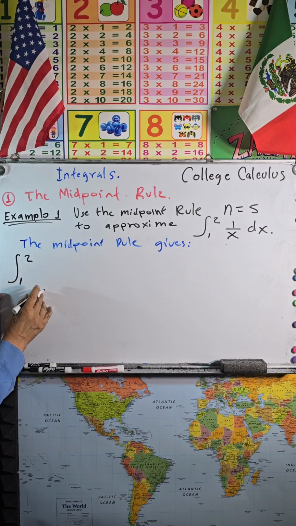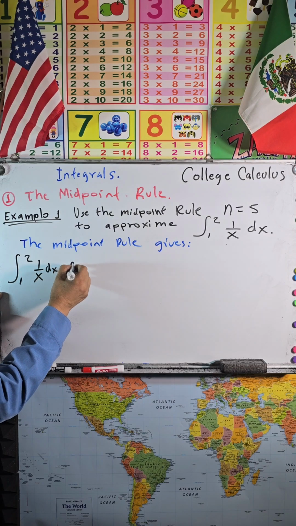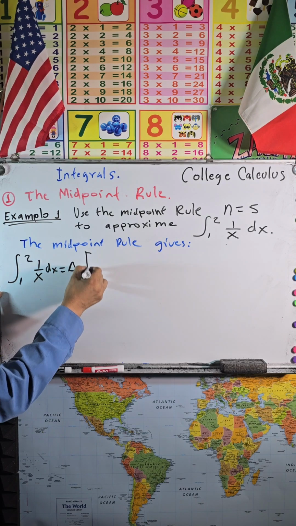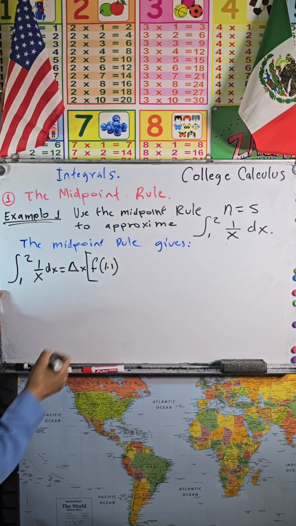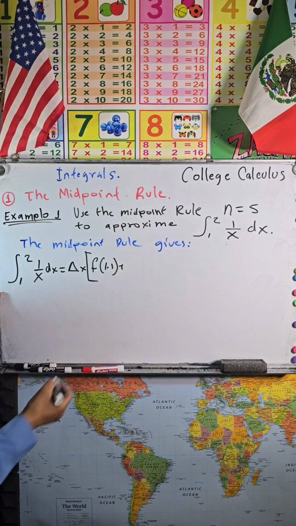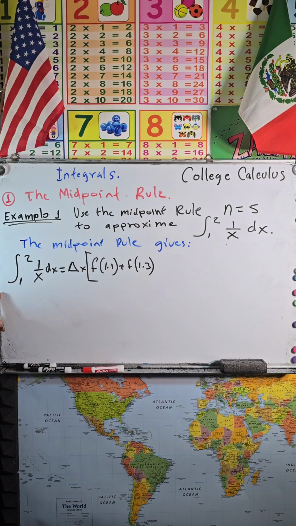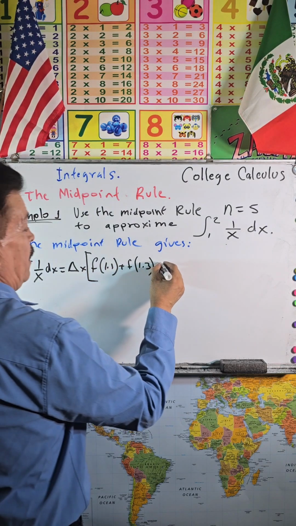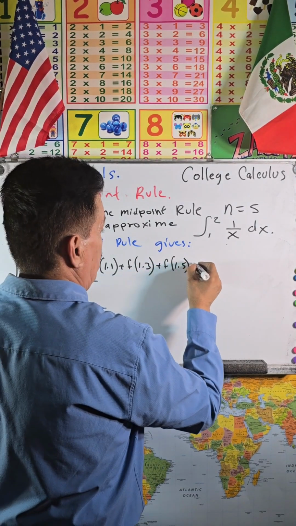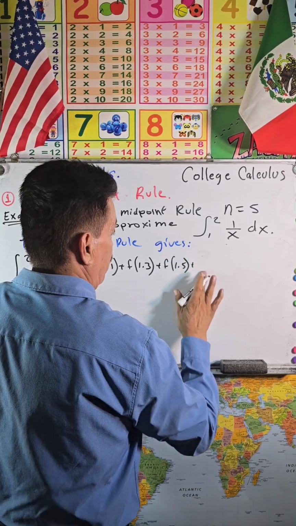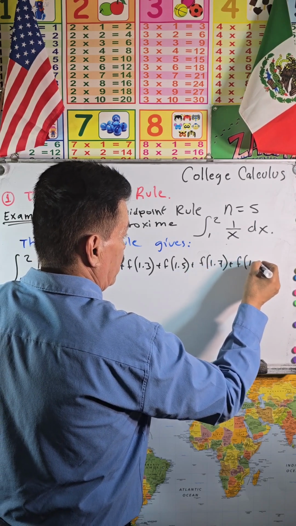We will have the integral equals delta x, just follow the rule, f of 1.1 plus f of 1.3, plus f of 1.5, plus f of 1.7, plus f of 1.9, right?